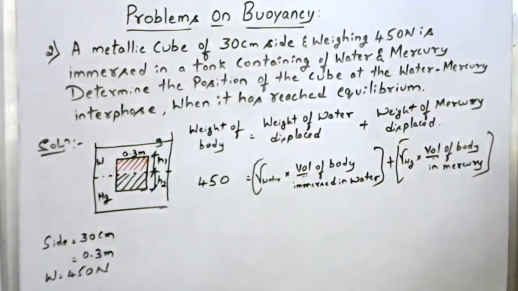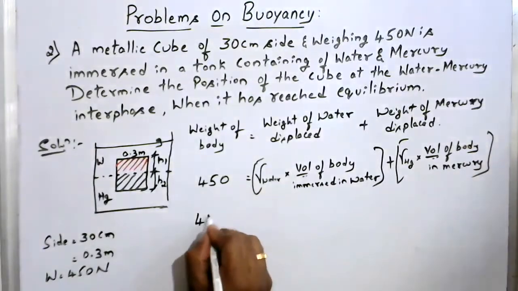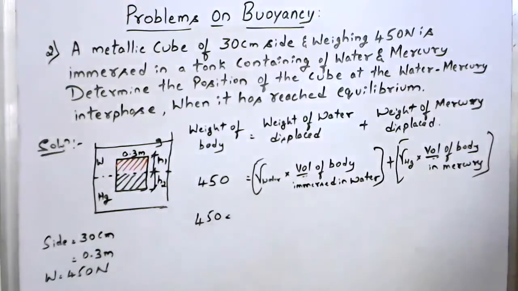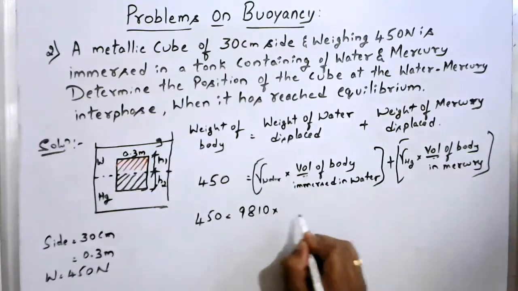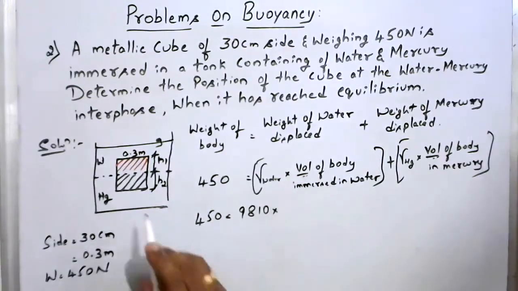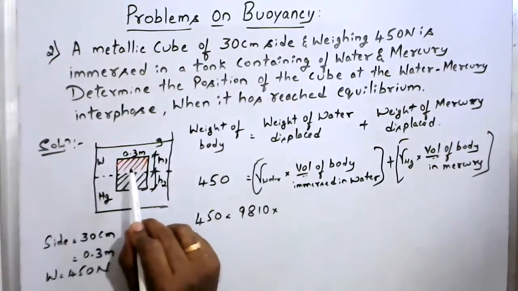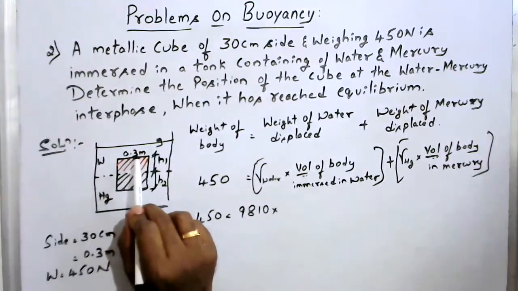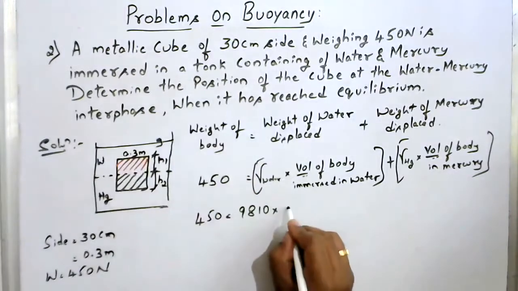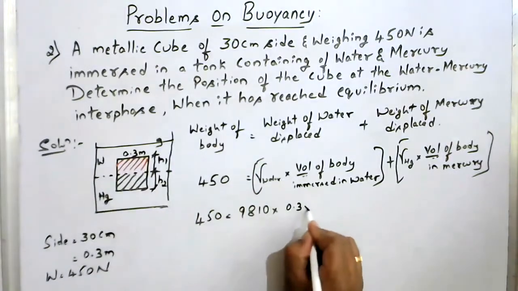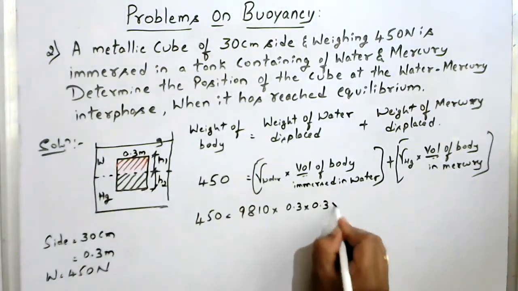Correct? Now this 450 is equal to, what is gamma of water? That is 9810 into what is the volume of the body immersed in water? You observe this, it is a cube. This is 0.3, multiplied by the other dimension, which is also 0.3. That is 0.3 into 0.3 into what is the depth?